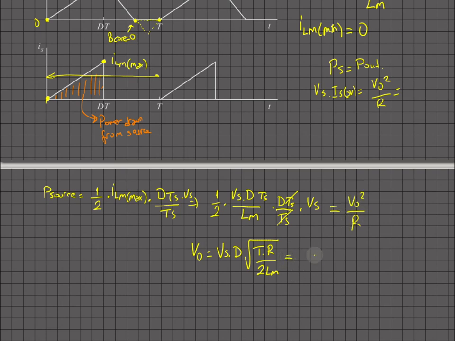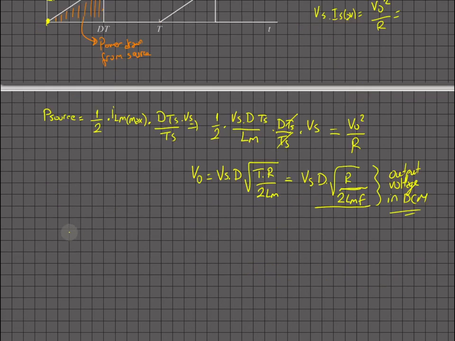Or again, you can write that as Vs D times the square root of R over 2 Lm frequency. So this is the output voltage in DCM.